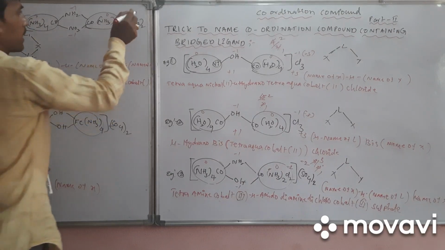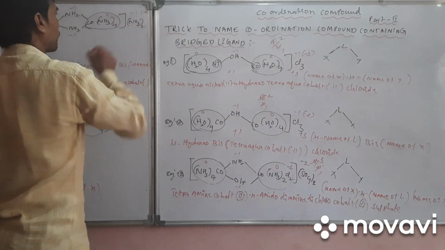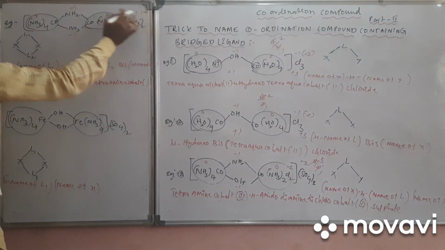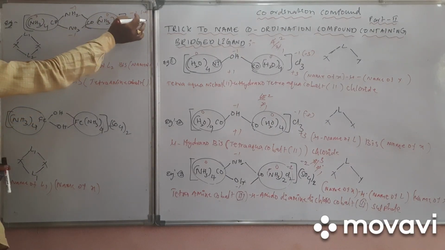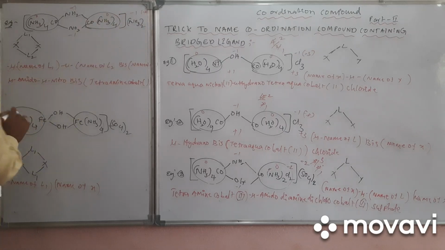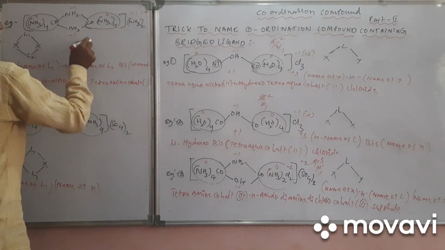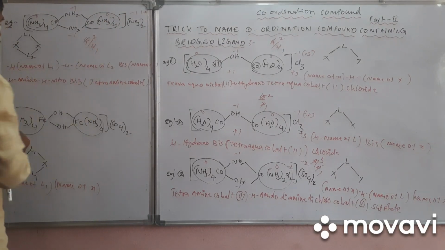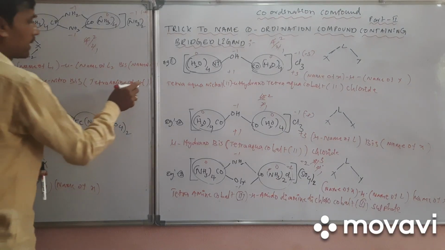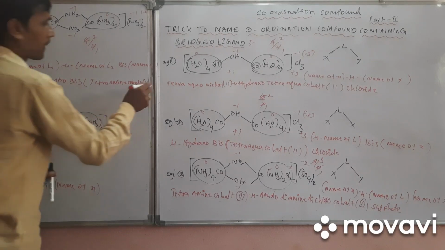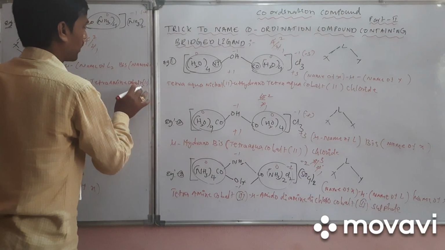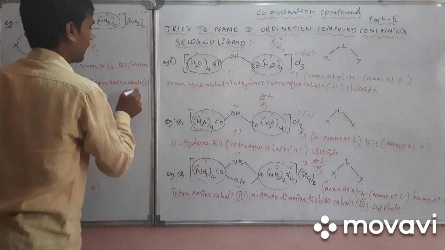Totally 2 negative ligands, so we use -2. In calculation, we get 4. 4 by 2 is 2. The oxidation number of cobalt is 2. After the name of cobalt, we write nitrate.